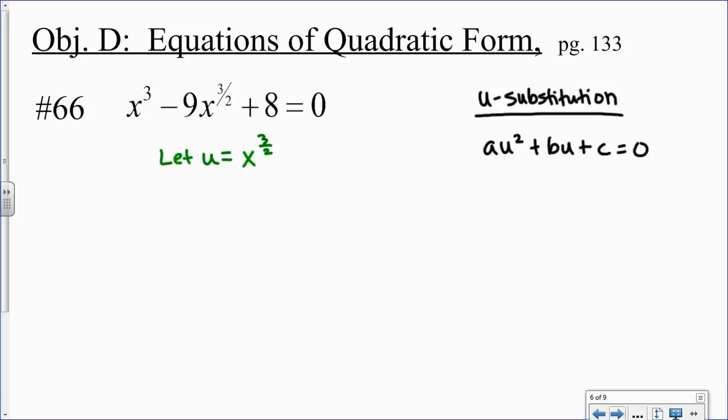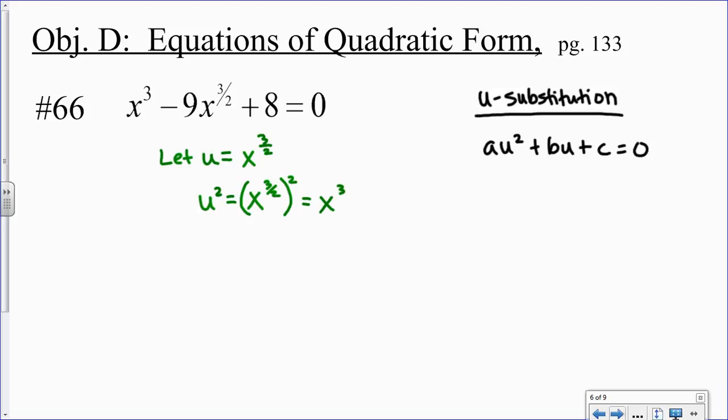I want this to be u squared, and it'll work out like that, because if I square both sides, you multiply, 3 halves times 2 is 3.